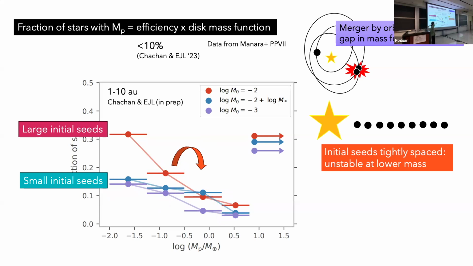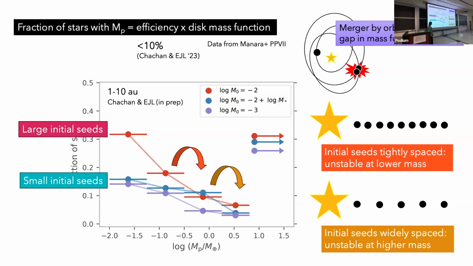If the initial seeds are tightly spaced, then you're going to see this instability at lower masses. As compared to the initial seeds being more widely spaced, it's harder to trigger instability, so you may be able to see this gap at higher masses. So by looking at these more detailed features within the mass function, you may be able to probe the very initial orbital architectural state of these protoplanetary systems.